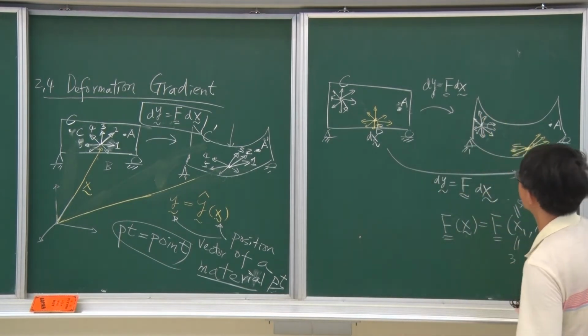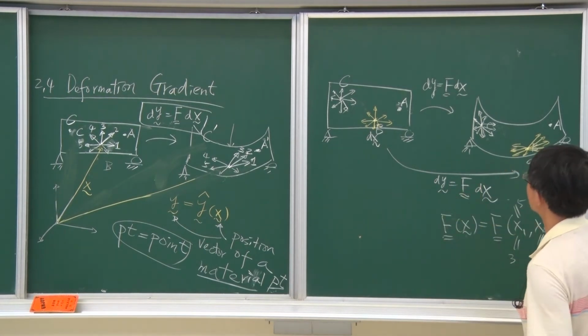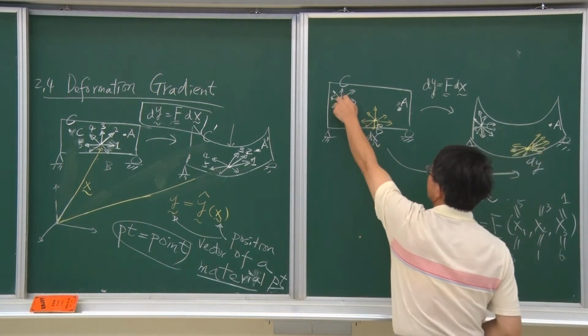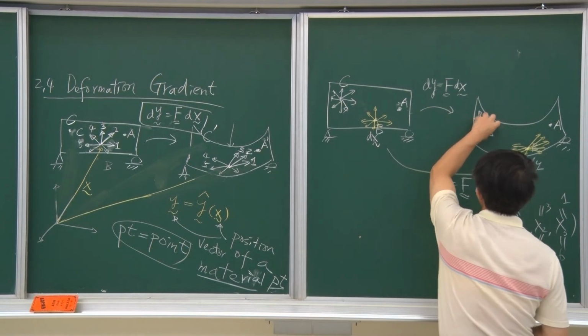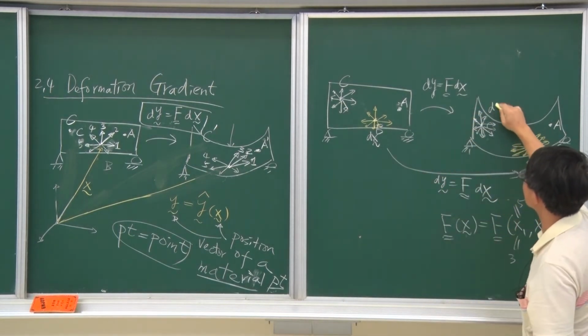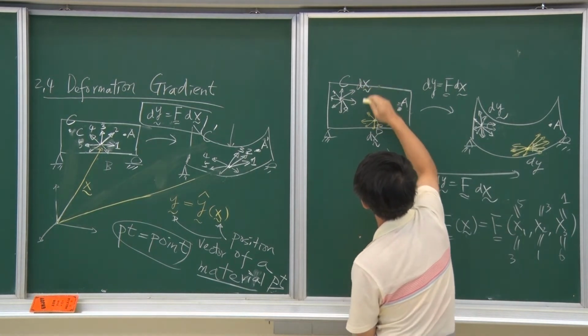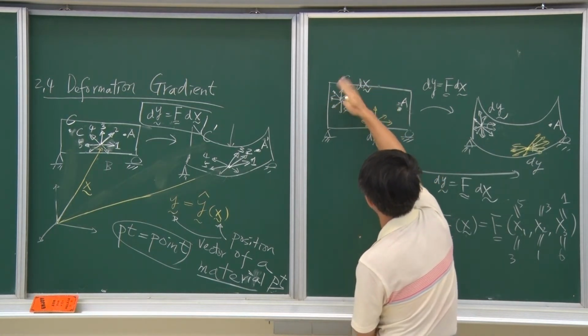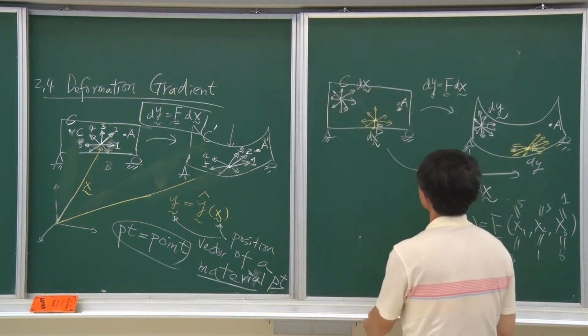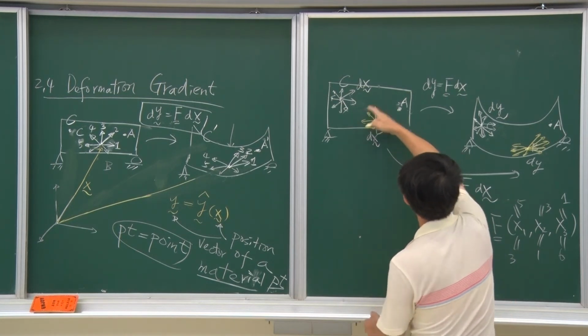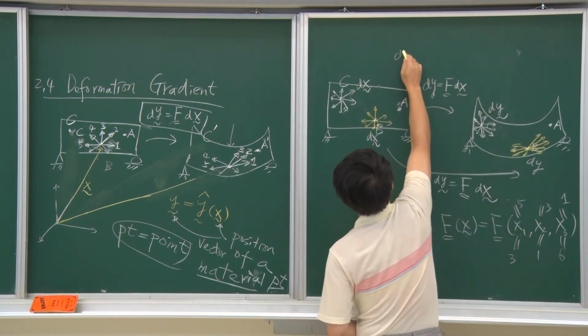Okay, so the material line around this material point will be sent to here. This dy, a lot of dy, and this dx, a lot of dx. Okay, and this dy and dx will be connected by this relation.